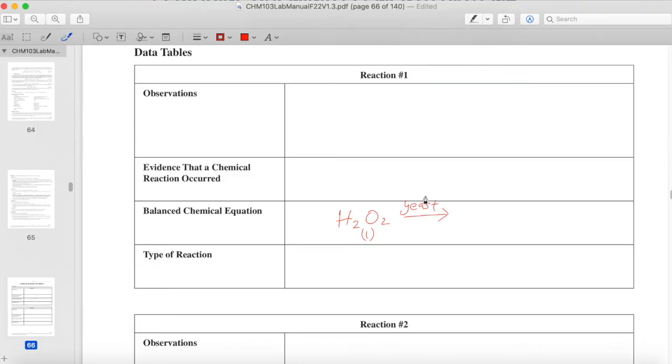Okay, so if you see something written above the arrow, if it's a chemical formula or a name of something, it's a catalyst. Occasionally you might see the word heat or the Greek letter delta written above here, and that means that you're continuously heating your reactant to make the reaction happen.